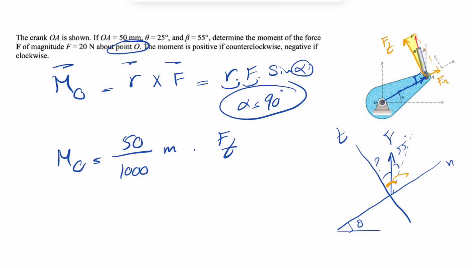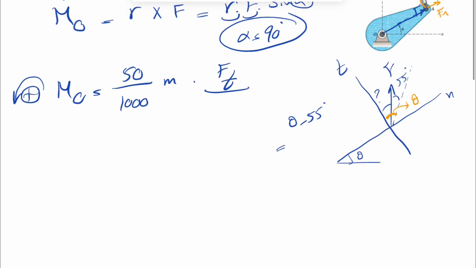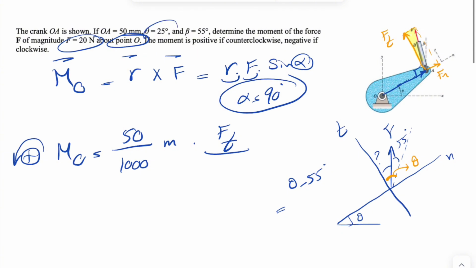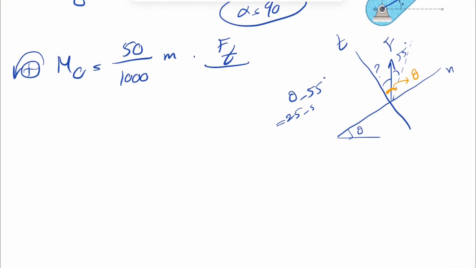So if that angle is also theta, we have the whole angle theta. The question mark here would be basically theta minus 55, so we have theta minus 55 degrees. If we get back to the question, theta is 25 and beta is 55. So 25 minus 55 degrees is going to be minus 30 degrees.